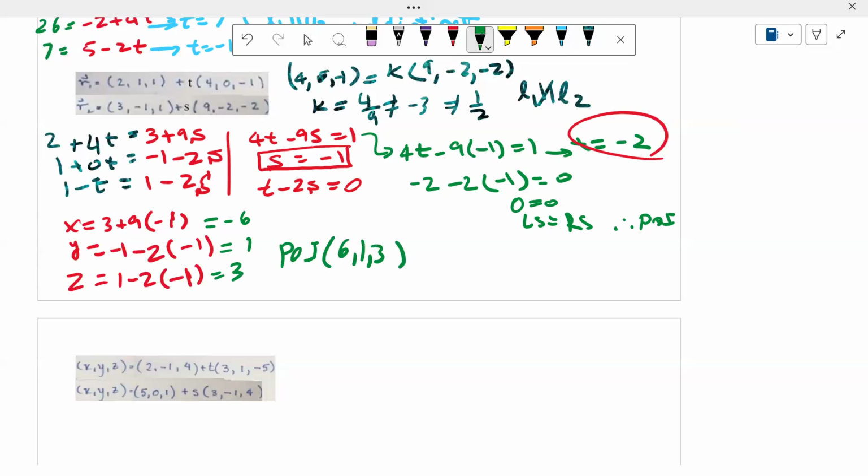Again, what I did in my notes, I put t in the first parametric equation, the parametric equation of line 1, and I got this number. As extra practice, I put s into the second parametric equations to double check, and yes, I get the same point of intersection.